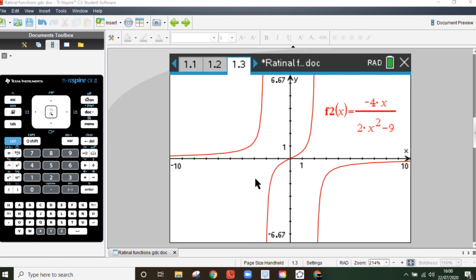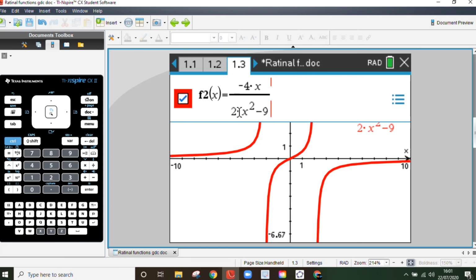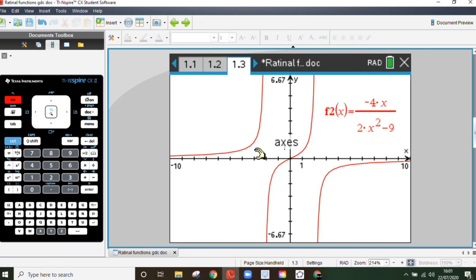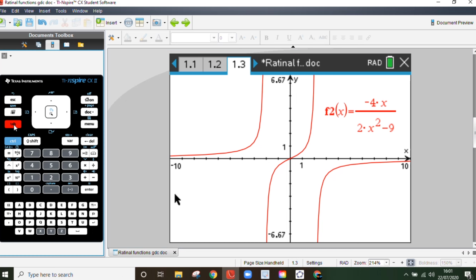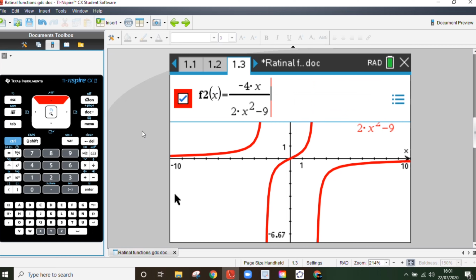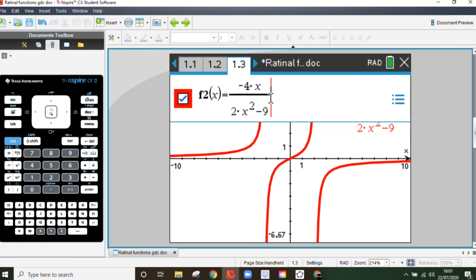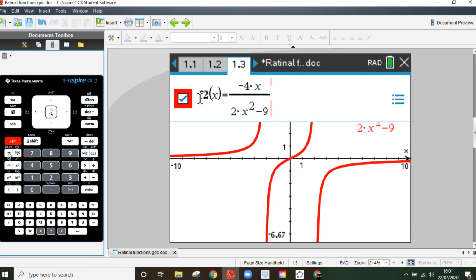Now there is a different function plotted on the graph, which is y equals minus 4x divided by 2x squared minus 9, which is definitely more complex than the previous one. So this time let's set the domain for this function, and for that first press tab and get on to the function. Now to set the domain, press Ctrl plus and then select the bottom rightmost option to separate the domain and the function.